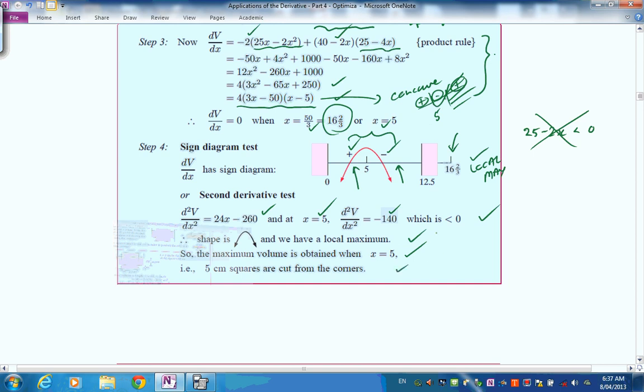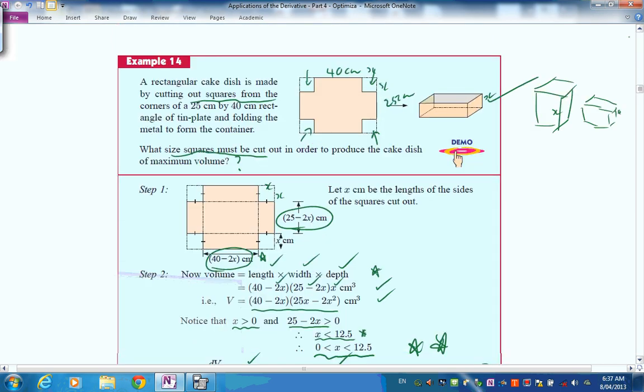What have you noticed? What we should do, we haven't checked the ends really. We're saying here, with this volume, this length up here, if x tended to 0, got very small, the volume would tend to 0. Right, and so that's not going to be our maximum.